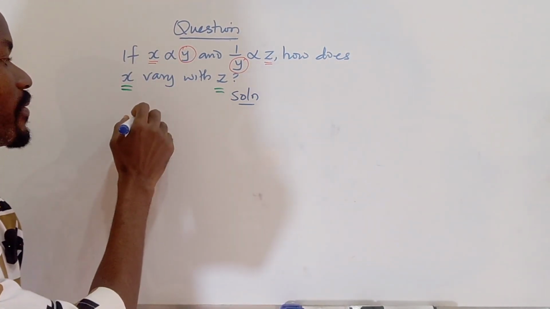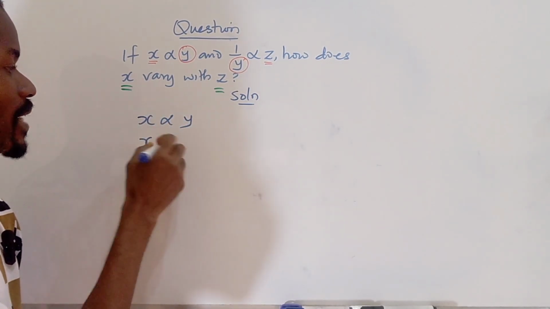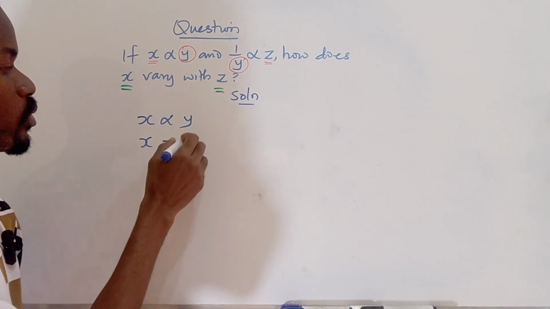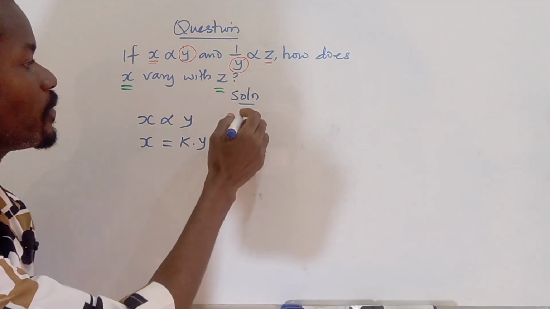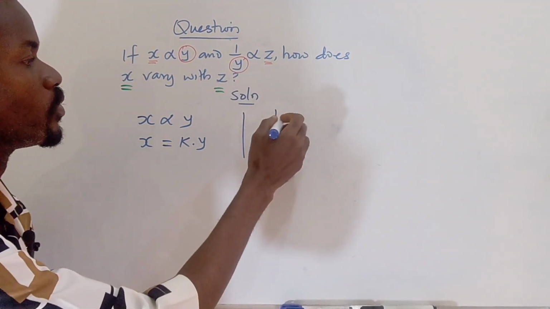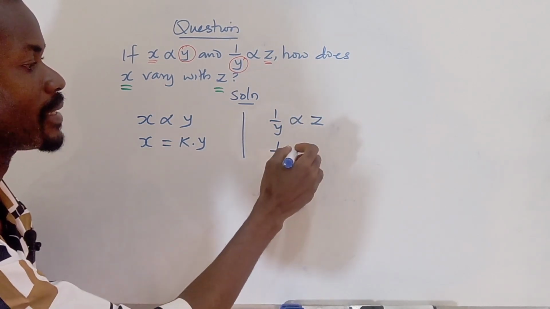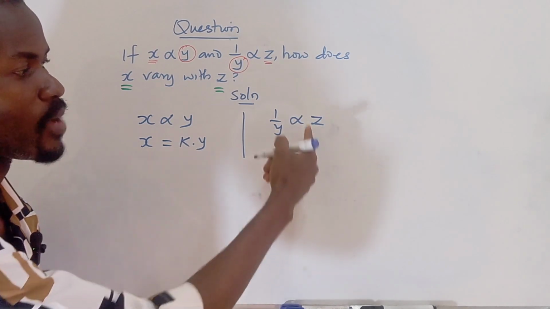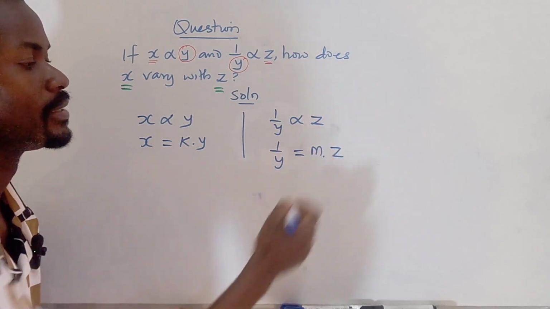Now for this we have x directly proportional to y, can be written as x equals to, and we use a constant k to multiply with y. Now for this other part, we have 1 over y is proportional to z. So we can say 1 over y is equals to, now we are also going to put a constant, let's use n, multiplied with z.